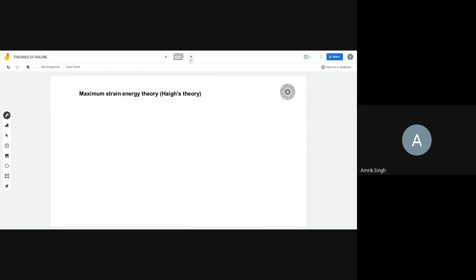Now next is the maximum strain energy theory. It is also known as the Haigh theory.